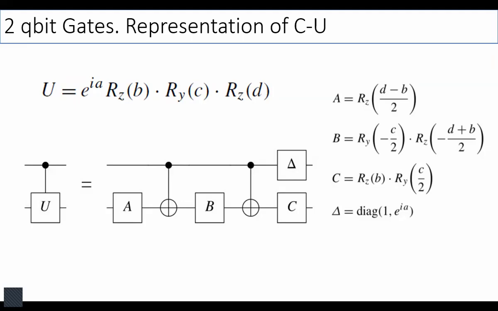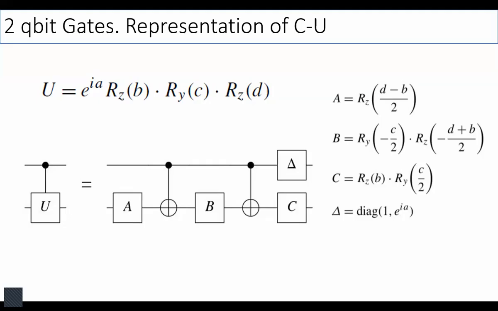We want to represent it in a form A. We want to find such A, B, C, such rotations that their product would be identity.